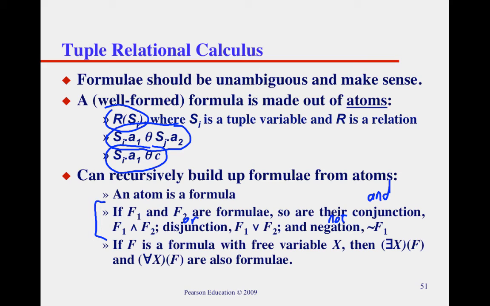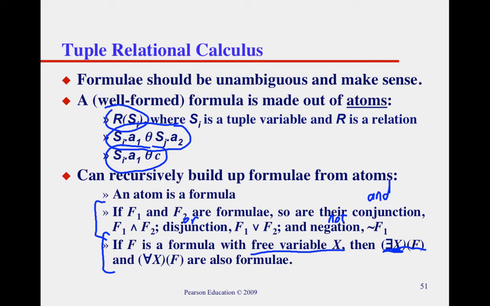And then if f is a formula with a free variable x, then you can bind that variable using either there exists or for all. And now that resulting formula is also a formula. So those are the basic rules for constructing formulas. This is a very simple set of rules for setting up formulas.